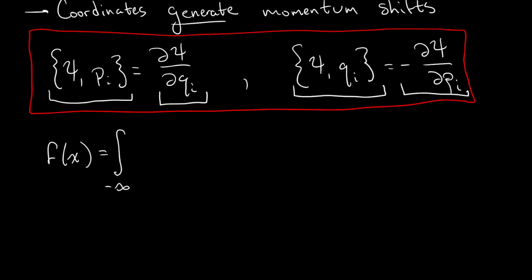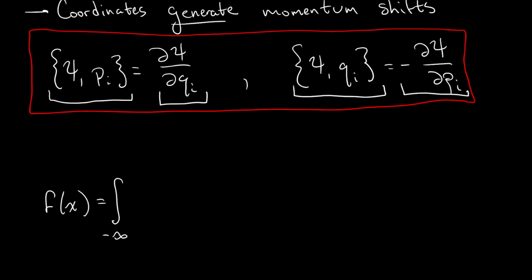So in this case, I'm going to have a Fourier transform pair, x and k. So these are just going to be Fourier conjugate variables. So I'll just write out the relations.